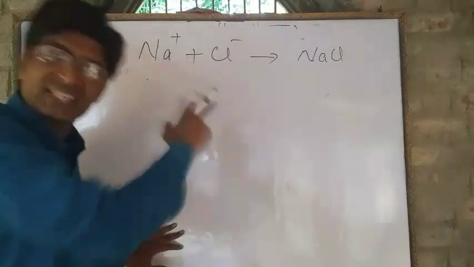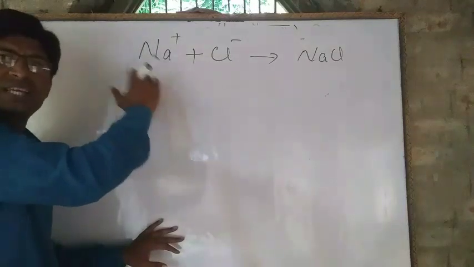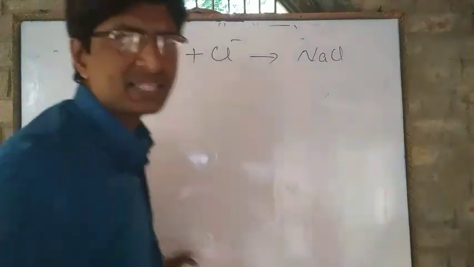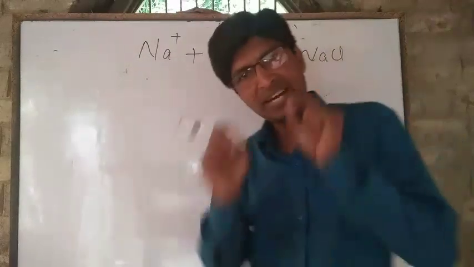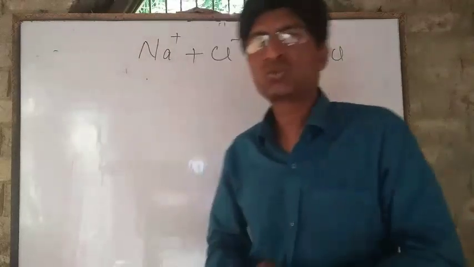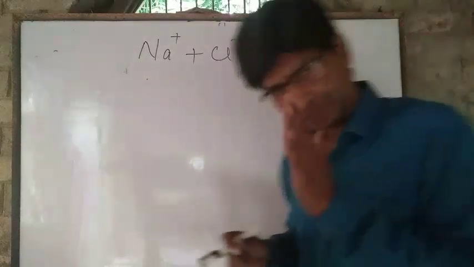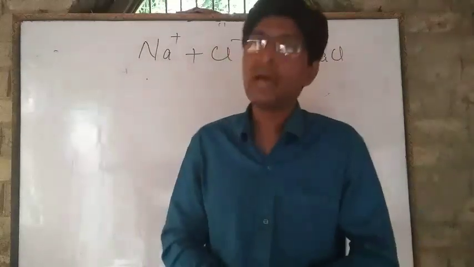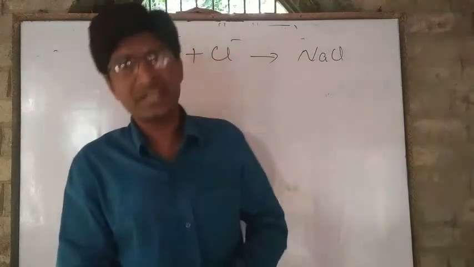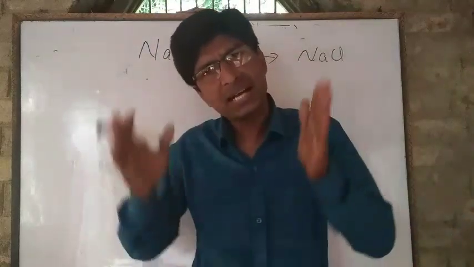And in the reduction of chlorine, sodium helps. So sodium is a reducing agent in this reaction. Once again, please remember this: all metals are reducing agents because they help in the reduction of non-metals and other substances.